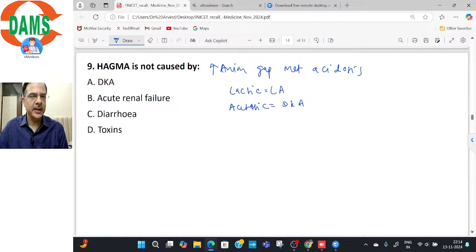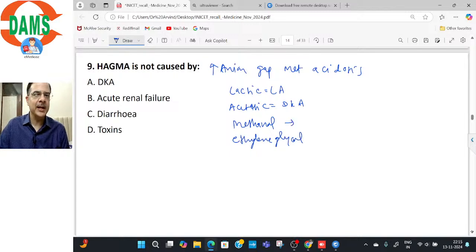Lactic acidosis will be present. It can also be due to the presence of some toxins like methanol poisoning or ethylene glycol poisoning. They all cause unmeasured anions. Methanol causes formate, ethylene glycol causes oxalate. So these are all the reasons for the high anion gap.